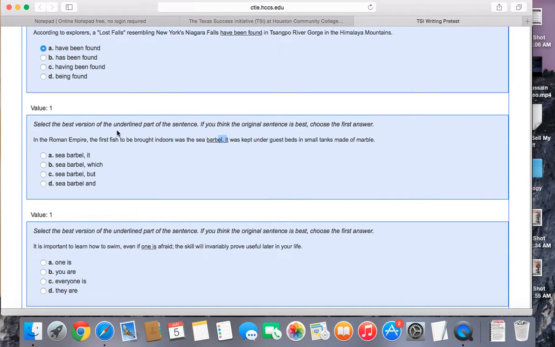So this is specifically in the second sentence out of three sentences. You wanna look at the answer choices and eliminate some of them.